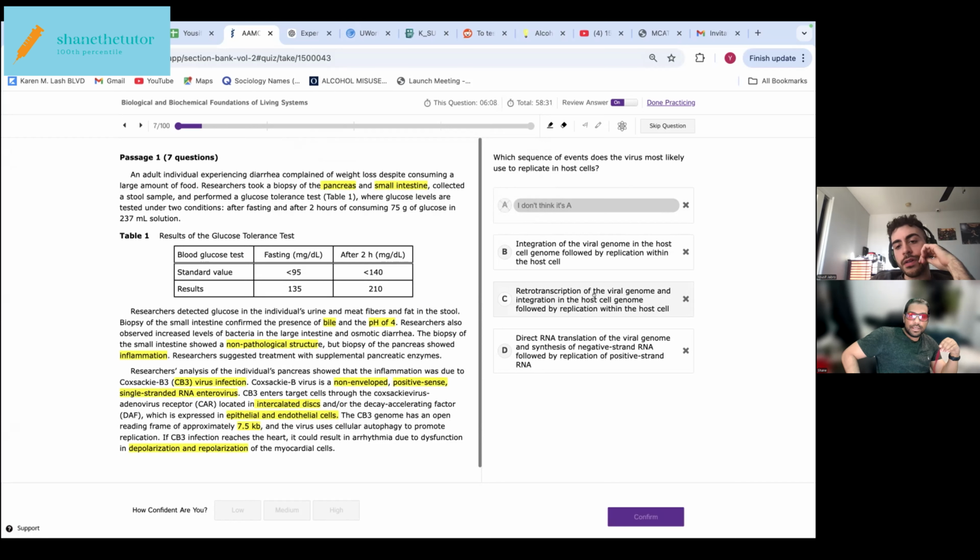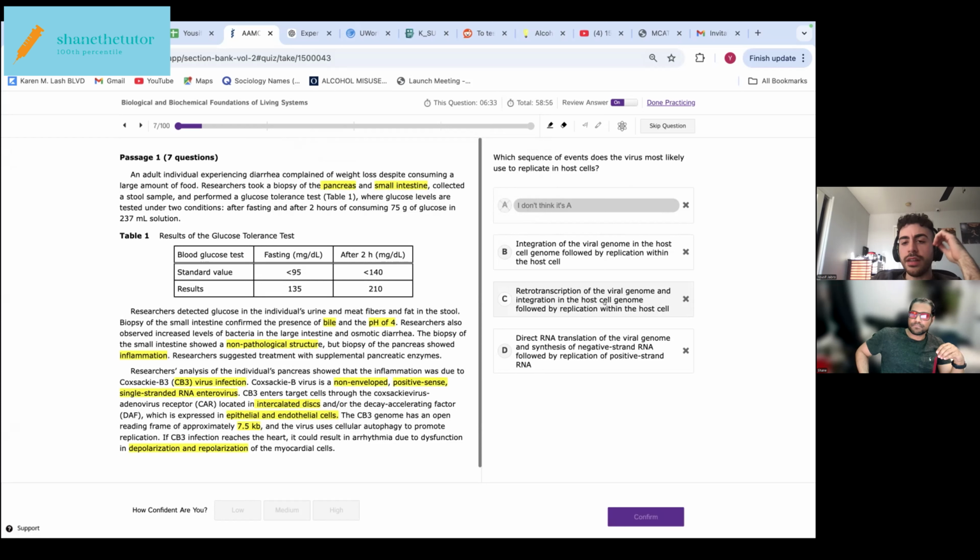Yeah, that can work, but they're talking about a virus that is not a retrovirus. So C, while it could be something that happens, only happens if you're a retrovirus, meaning you need to have reverse transcriptase.